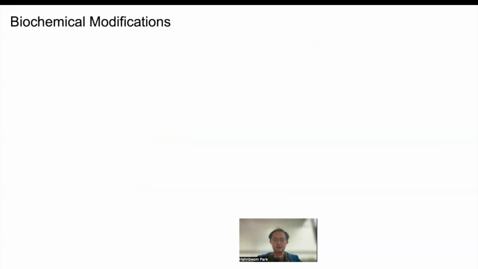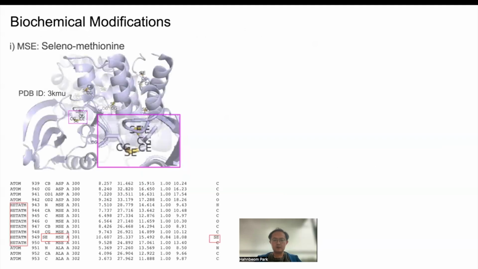Here I'm showing you common shared modifications across different PDBs. One well-known modification is selenomethionine. We learned about this in the crystal structure determination lecture. We introduced selenium at the methionine part in order to phase the protein crystals.